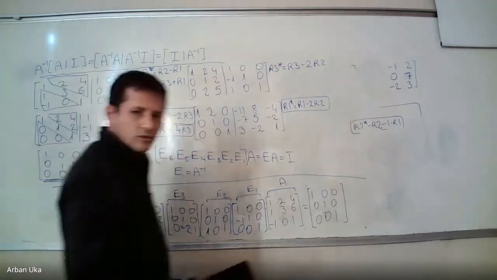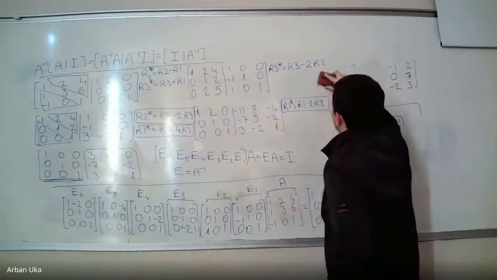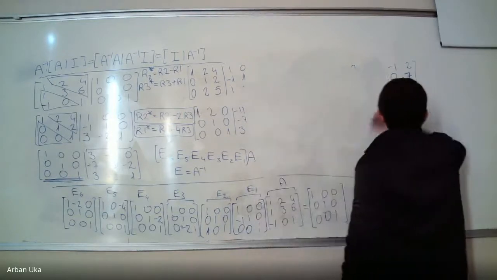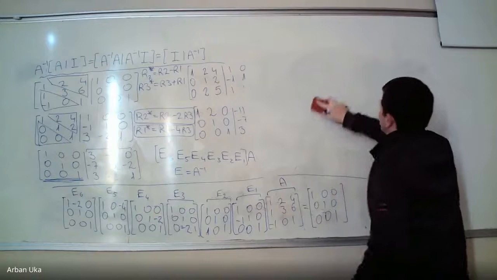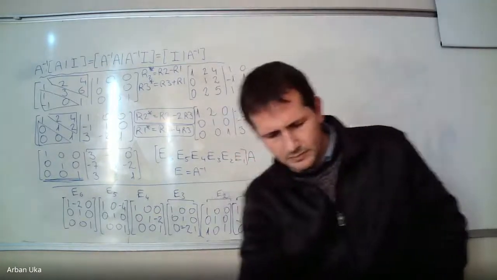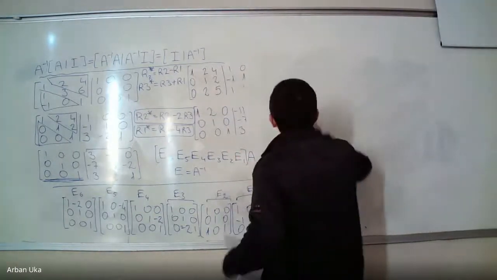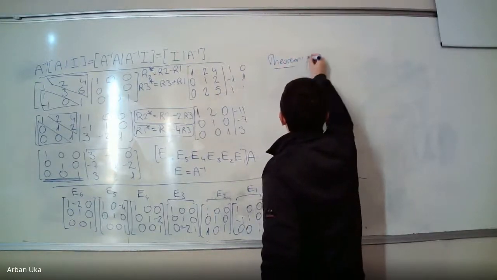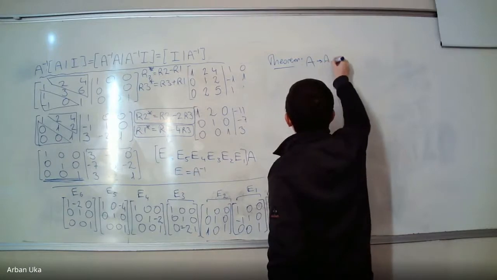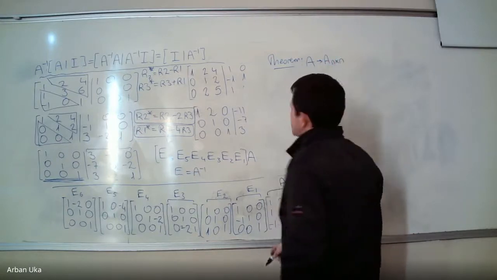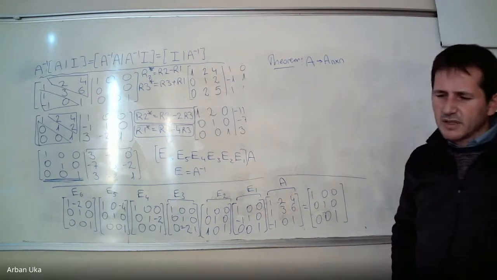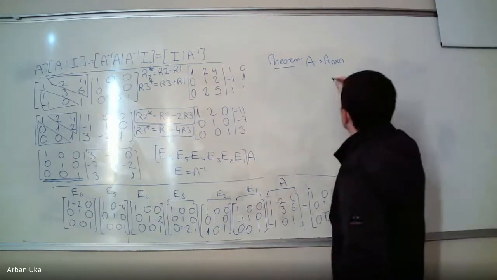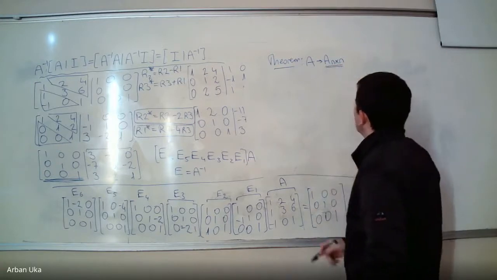Then it is time to mention a theorem. The theorem states that for any matrix A, which is a square matrix, and why is it a square matrix? Because we denote this one as A n by n.